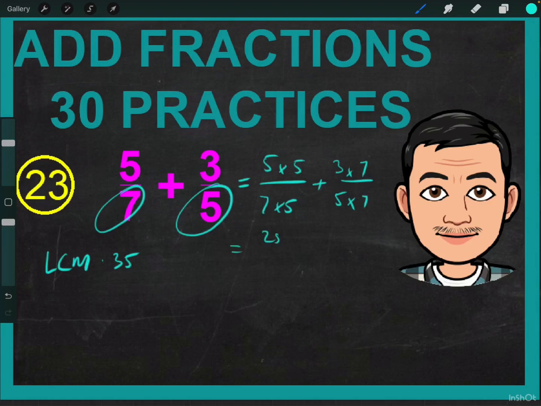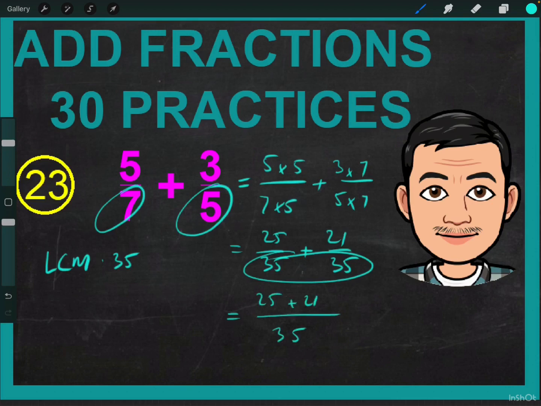So we got 25 over 35 plus 21 over 35. Now the two fractions have the same denominator, so we keep it the same, and then we add 25 and 21 for the numerator, and the answer is 46 over 35.